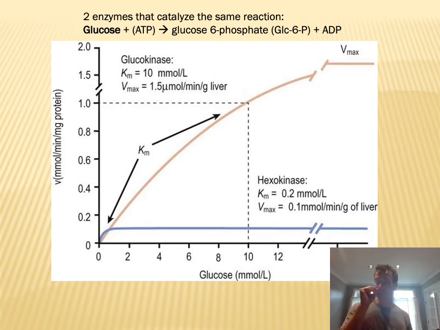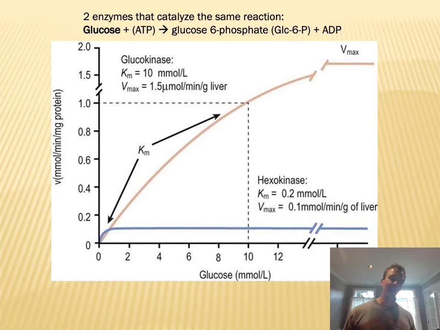So why do we care about this, and why is it important? Let me put this into context with an example. Here are two enzymes that catalyze the same reaction, glucose kinase and hexokinase. They both catalyze glucose plus ATP to form glucose 6-phosphate plus ADP. When we look at the Michaelis-Menten kinetics of both of these, they're drastically different. So hexokinase has a small Km of about 0.2 millimolar, and a Vmax of about 0.1 millimolar.